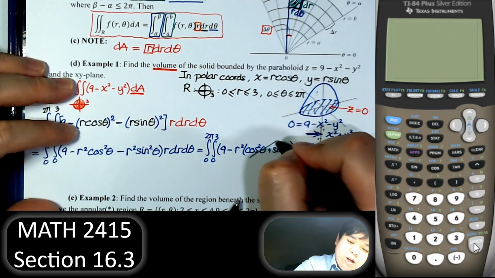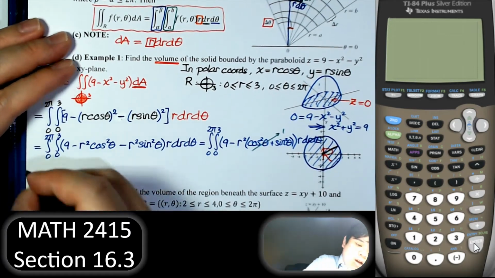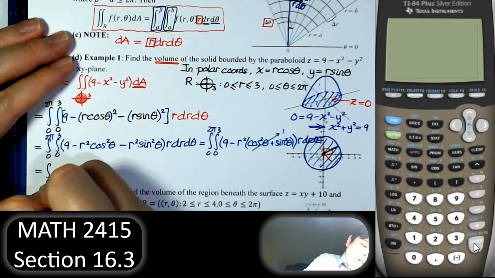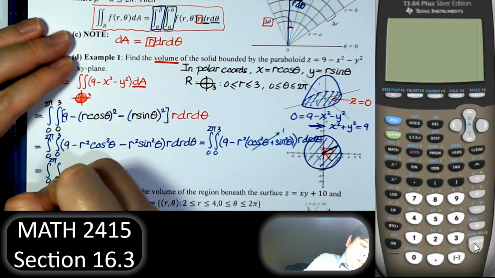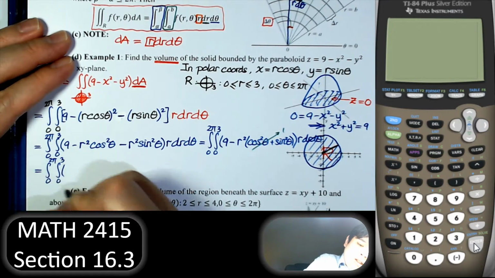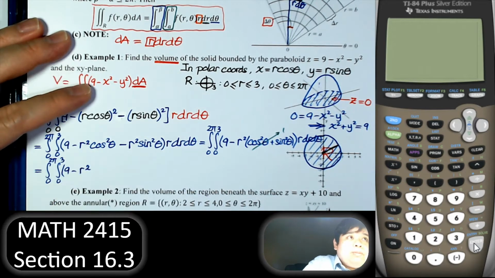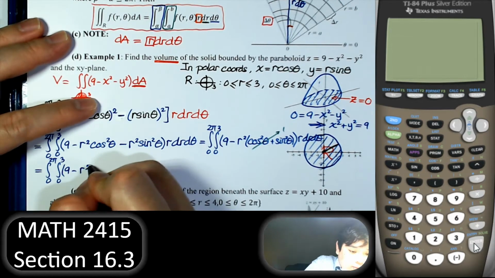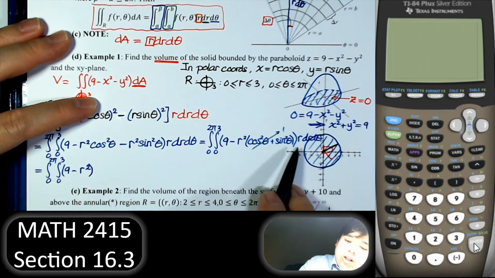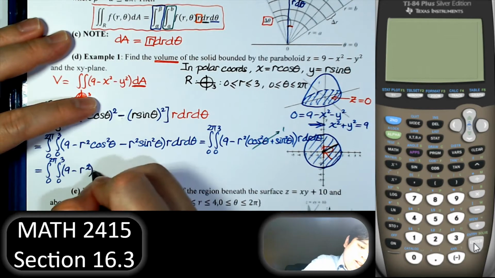Cosine square plus sine square is 1. So bottom line is this becomes 0 to 2 pi, 0 to 3, and then 9 minus r squared. That's nice, right? And then we still have r dr d theta.